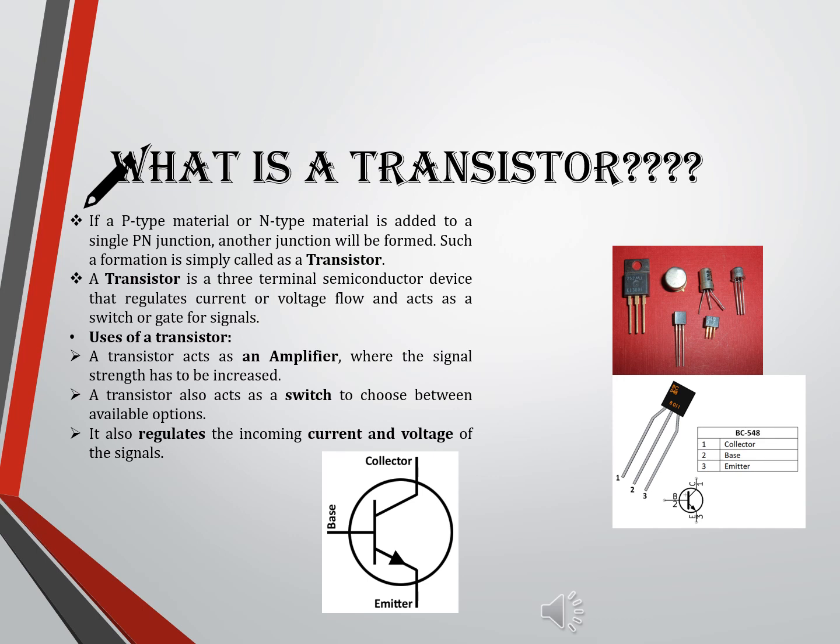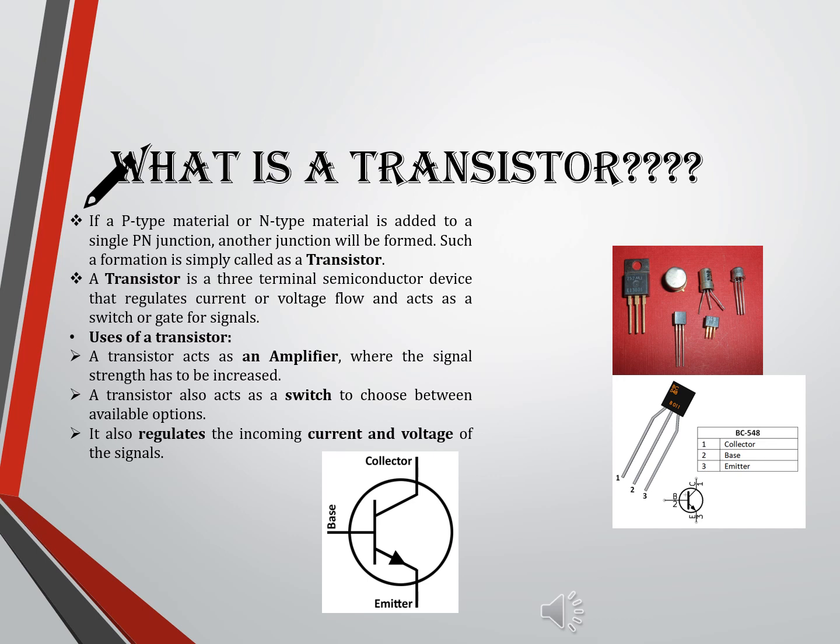So we know that there are various transistors that we'll be using in our lab. See the pictures I have given over this slide, and here I have shown the picture of an NPN transistor. Why is this transistor called NPN? Because the arrow mark shown over here is from the base to the emitter. Why is it like that? Because the electrons flow from negative to positive, and the current flows from positive to negative.